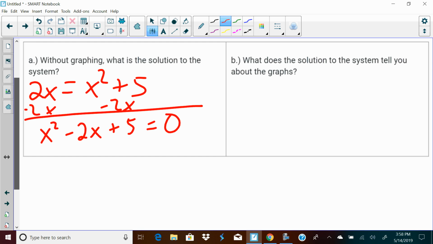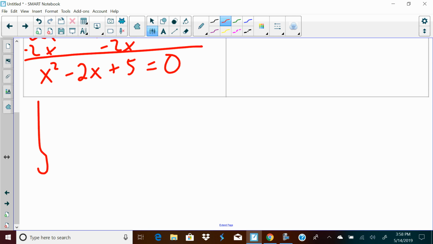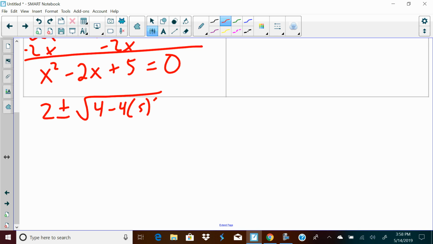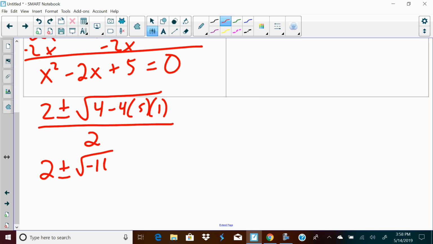So I ended up with positive 2 plus or minus the square root of 4 minus 4 times 5 times 1, divided by 2. So I ended up with 2 plus or minus the square root of 4 minus 20, which is negative 16, divided by 2. 2 plus or minus 4i.